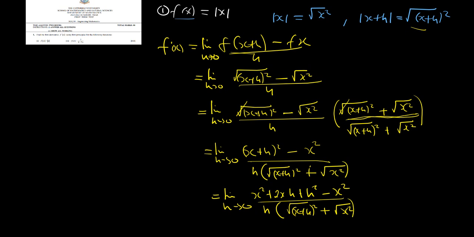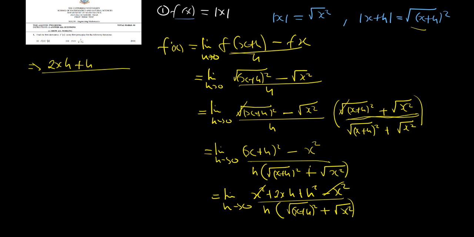Okay, so then from there, we can see this x squared and this x squared go. Alright, we just remain with 2xh plus h squared.